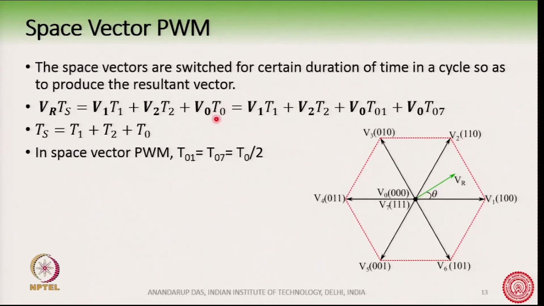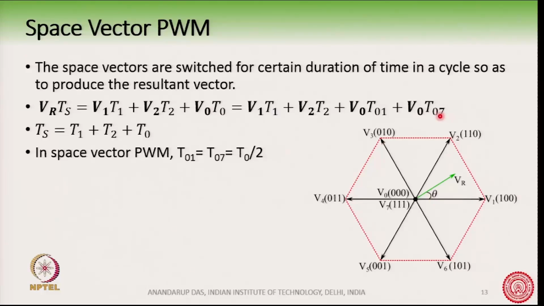Additionally, this 0 vector T0 is divided into T01 and T07, these two periods. We will see why it is done. This is done to reduce the number of transitions in switching, but we have divided T0 into T01 and T07.